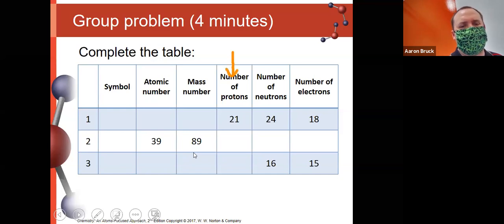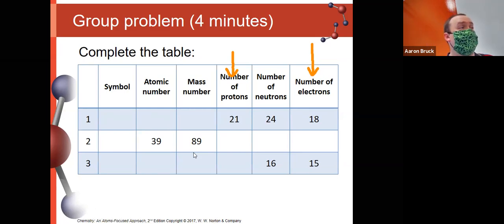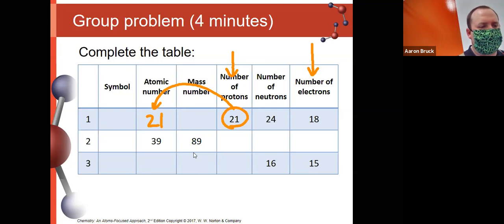If there's a disparity between the protons and the electrons, that would be represented as a charge. And remember, charges go into the top right corner of that symbol. So in this case, 21 protons means an atomic number of 21. 21 plus 24 is 45, so that's my mass number.